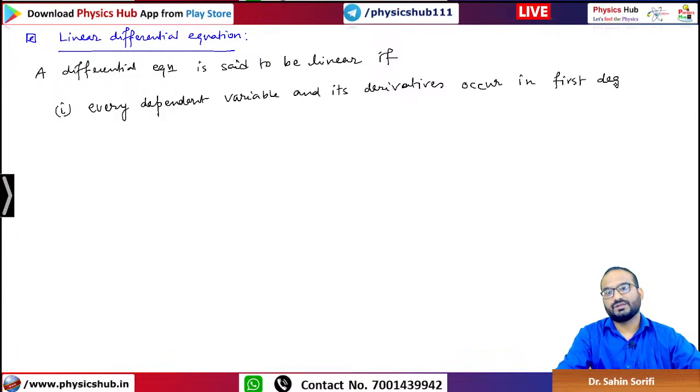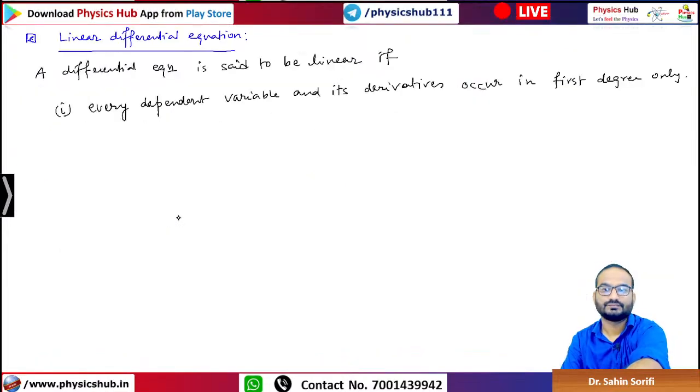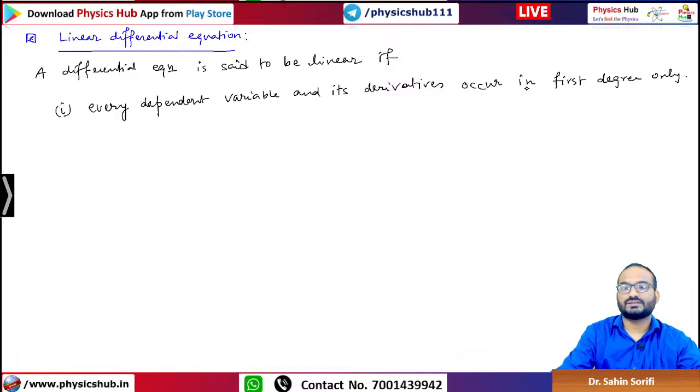First degree only means the power will be 1. So if we go to that example, this is a linear equation. This is not a linear equation because the power is 2 here. This is also not a linear equation. So every dependent variable and its derivative occur in first degree only.